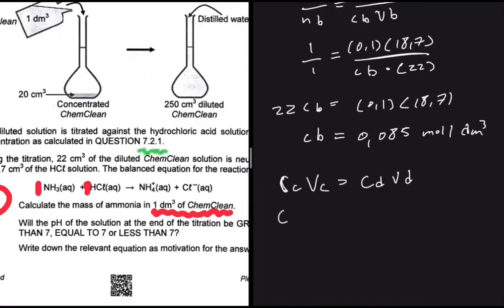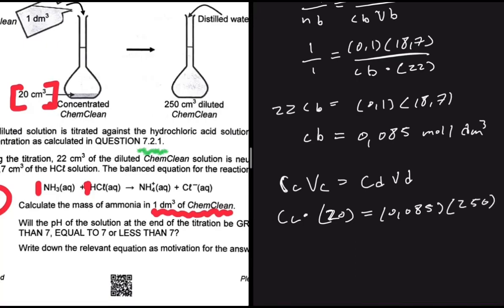So the concentration of the concentrated is what we're interested in, and then the volume of the concentrated is 20 centimeter cube, right? So we're gonna have 20 right there, being equals to the concentration of the dilute, which is 0.085 multiplied by the volume of the dilute, which is 250.